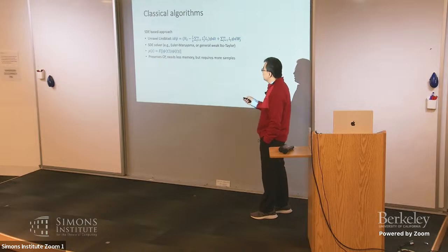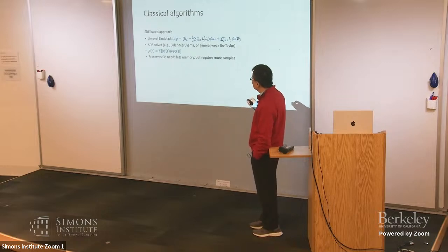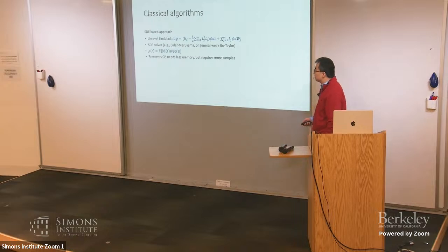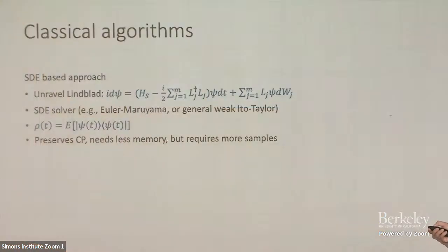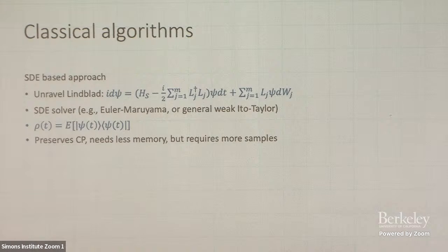Because you're taking these ensembles of pure states and you're taking the average, right? And then by plugging in these standard solvers, you usually get the CP property. And you're only working with a vector here instead of a matrix, right? So it looks like you need less memory, but you do require a lot of samples, right? So that's where the main computational overhead comes from.